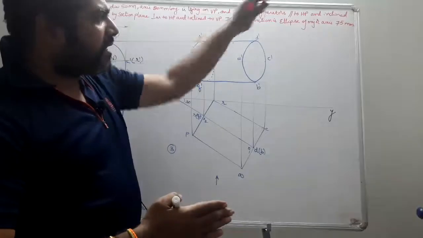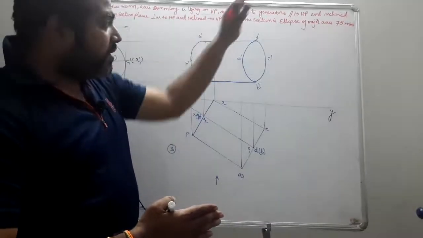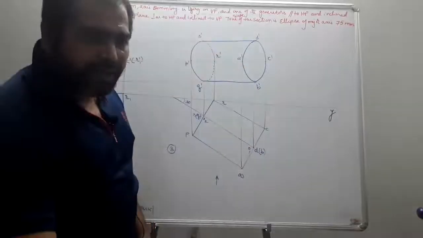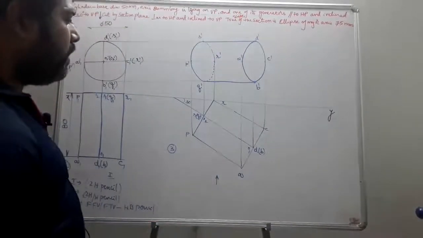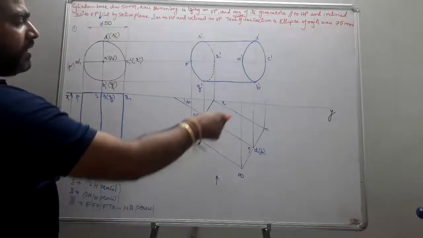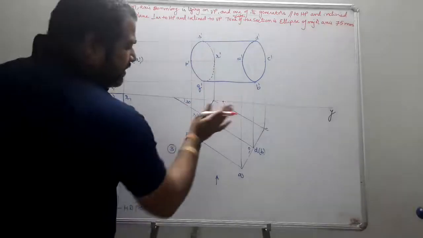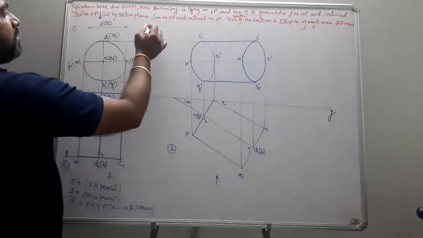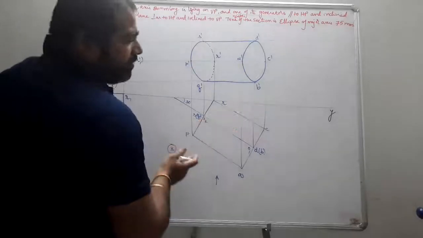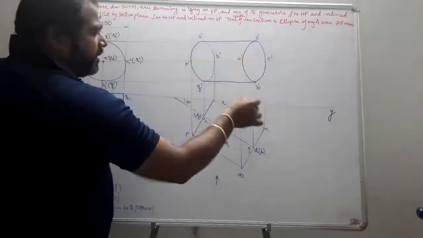So this was inclined to HP and perpendicular to VP. Now this means inclined to VP and perpendicular to HP. So how can we know the axis or the inclination of the cutting plane which is supposed to cut this? So how can we consider your HT or VT? Sir, the cutting plane comes here.